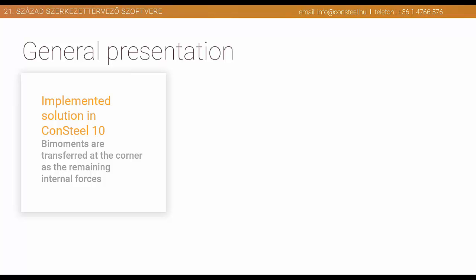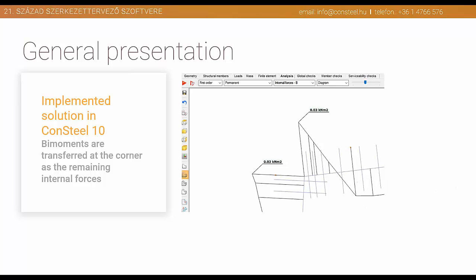The implemented generic connection type works based on analogy with the traditional 6 degrees of freedom. It results that the B moment, which is the internal force belonging to the 7th degree of freedom, will be equal in a corner if there are only 2 elements connected to each other, like visible on the screen.